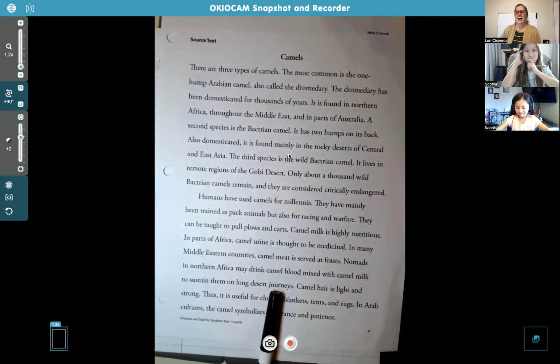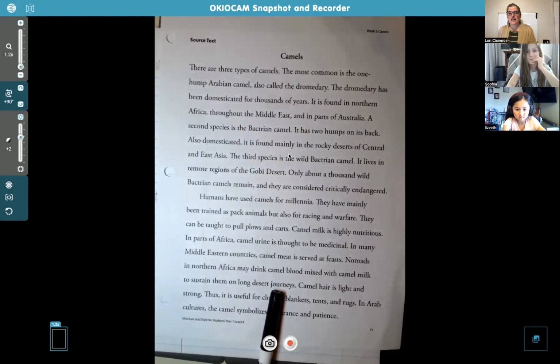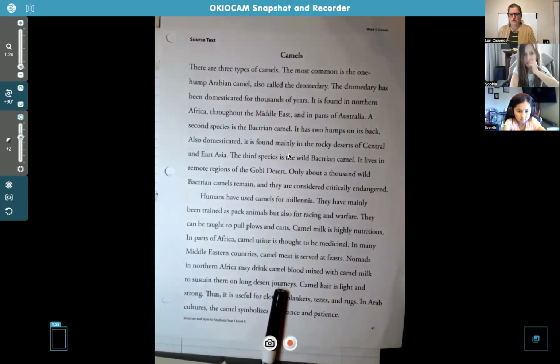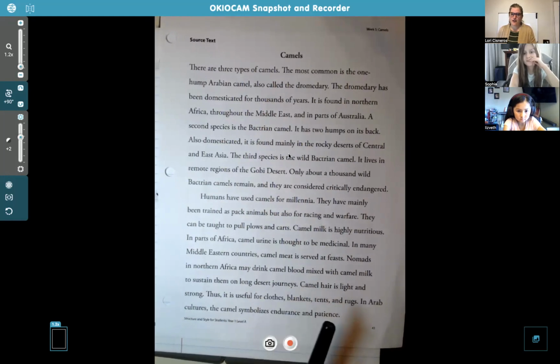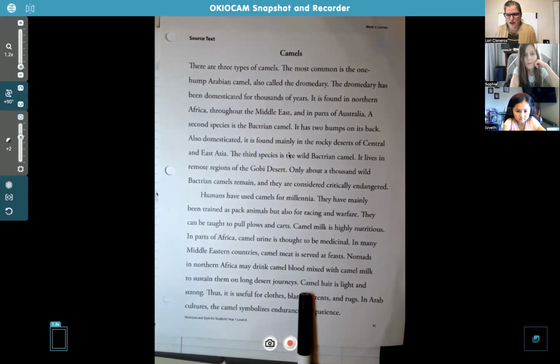Ew. So they used to mix the blood and milk together and drink that. And that gave them enough protein and enough minerals and whatever their bodies needed to survive, basically. That's how they survived.